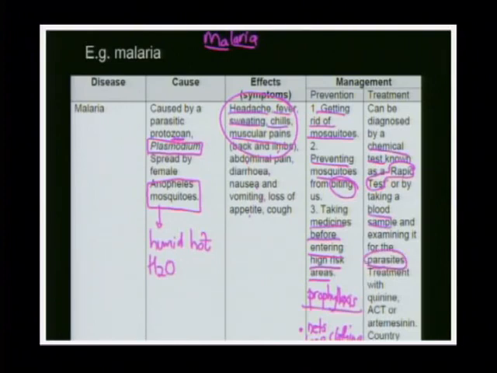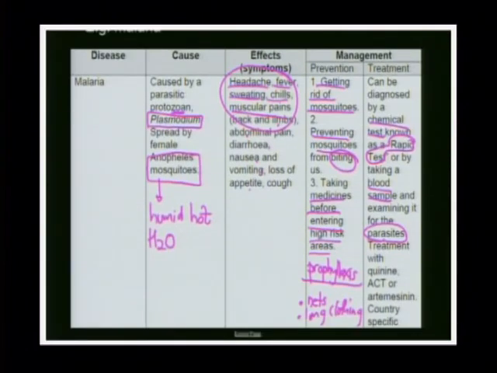I will show you what those look like in the blood cells in a moment. Or what you'll find is treatment can occur with quinine, ACT. These are different medications, and it depends on which country you're in as to which is recommended. So there are a number of methods of treatment that are available to you. Let's look at the malaria parasite's life cycle.